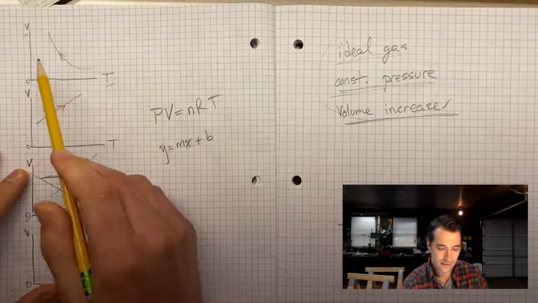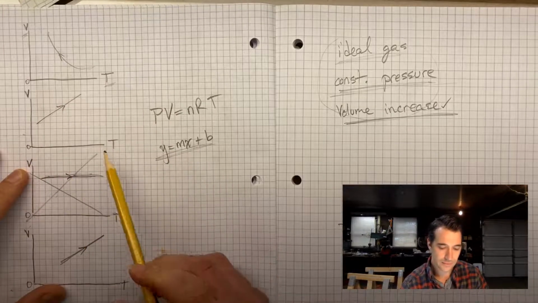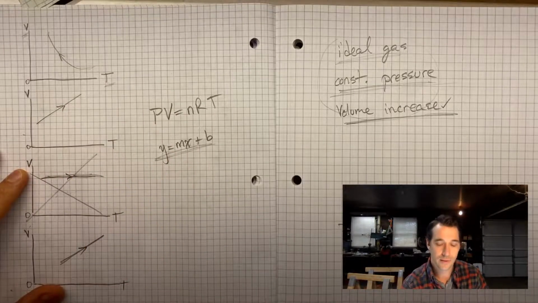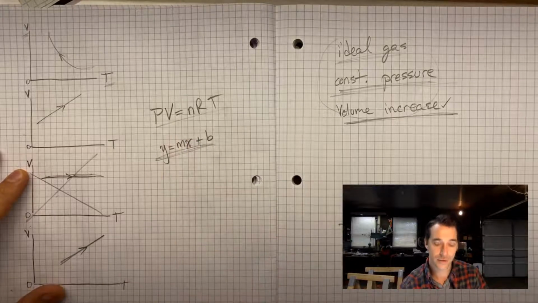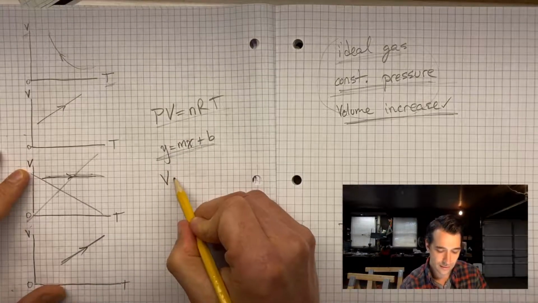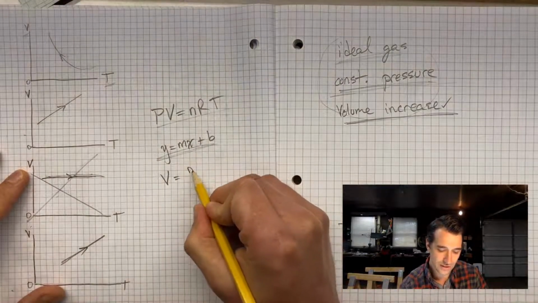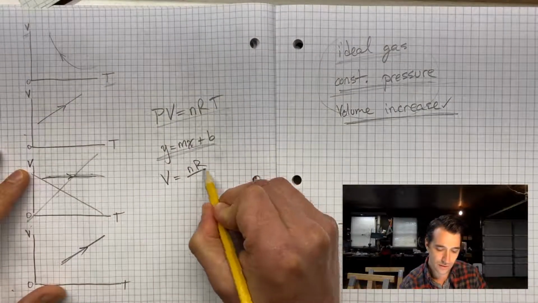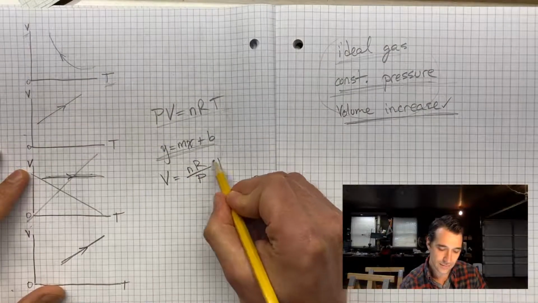Maybe we can use this form to learn a little something about this ideal gas law equation. So let's put V alone by itself, which gives us nR divided by P times T.